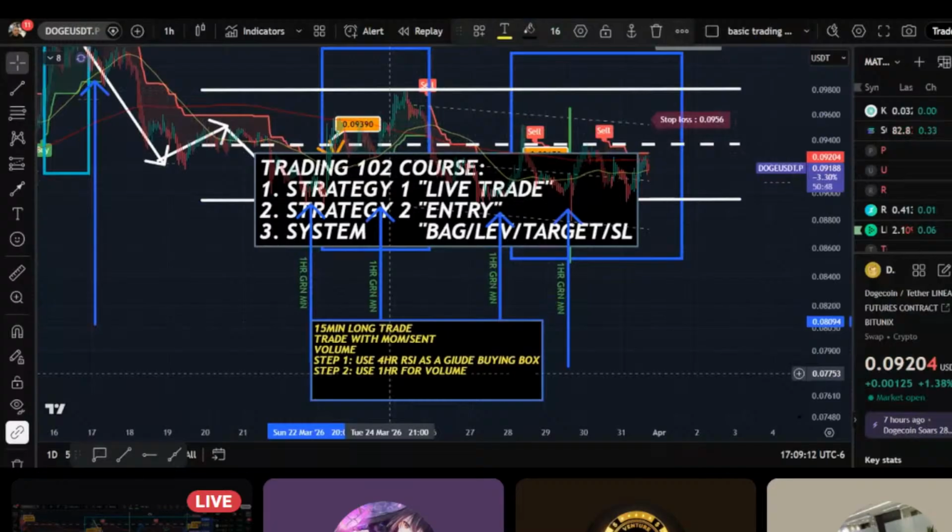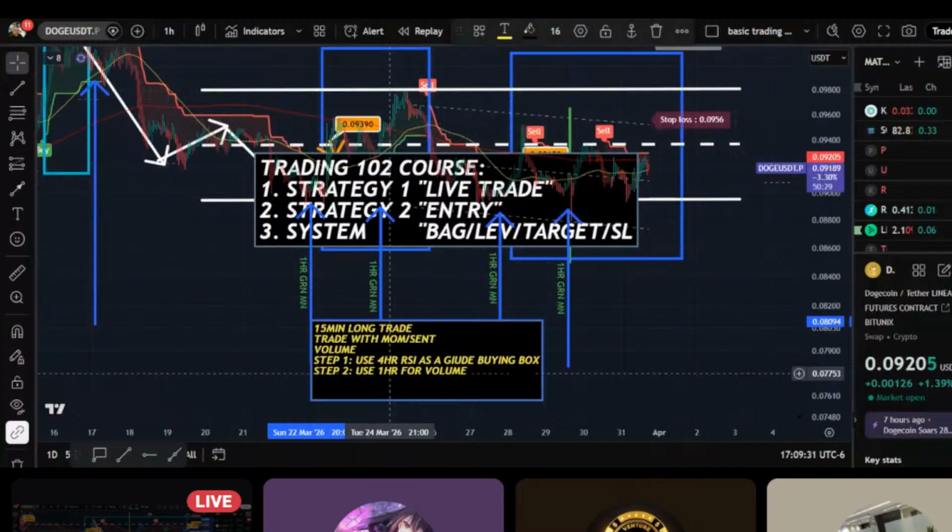Yes. So that's where you have the basics. Step 1 of strategy 1 is trade with momentum and sentiment. That's the RSI. Okay?